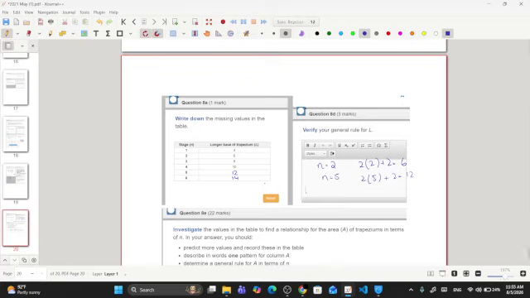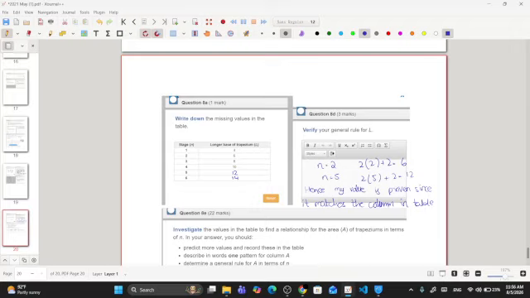Alright, so I can say hence my value is proven since it matches the column in the table. So that would be the right answer.